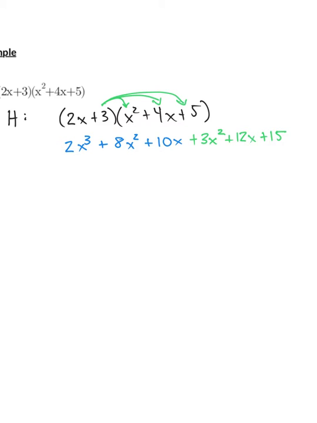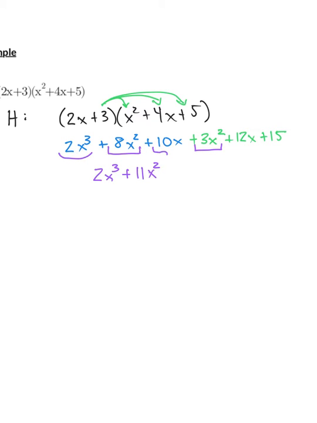All right, from there, we want to go ahead and combine our like terms. 2x cubed has nothing to combine with, so I'm just going to bring it down. 8x squared and 3x squared combine to give me, add my numbers, keep my variable, keep my exponent, 11x squared.